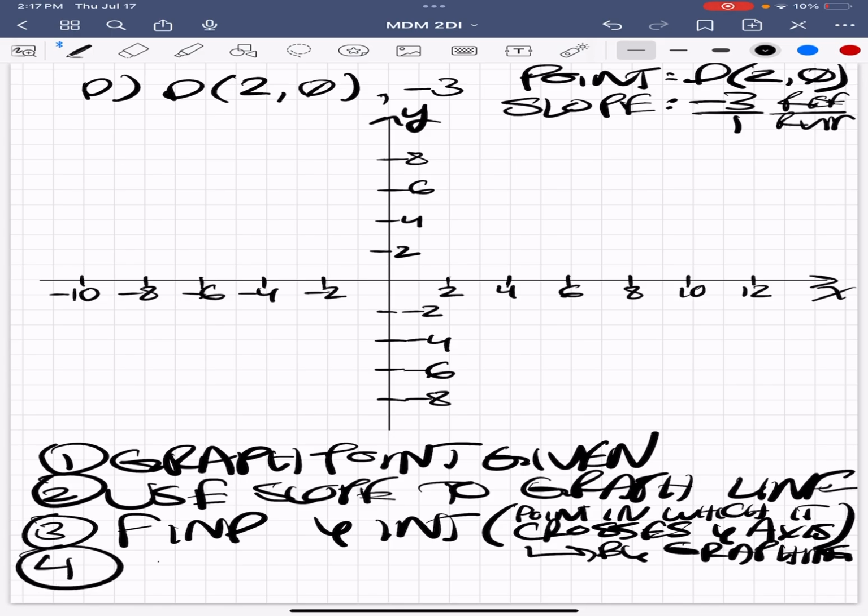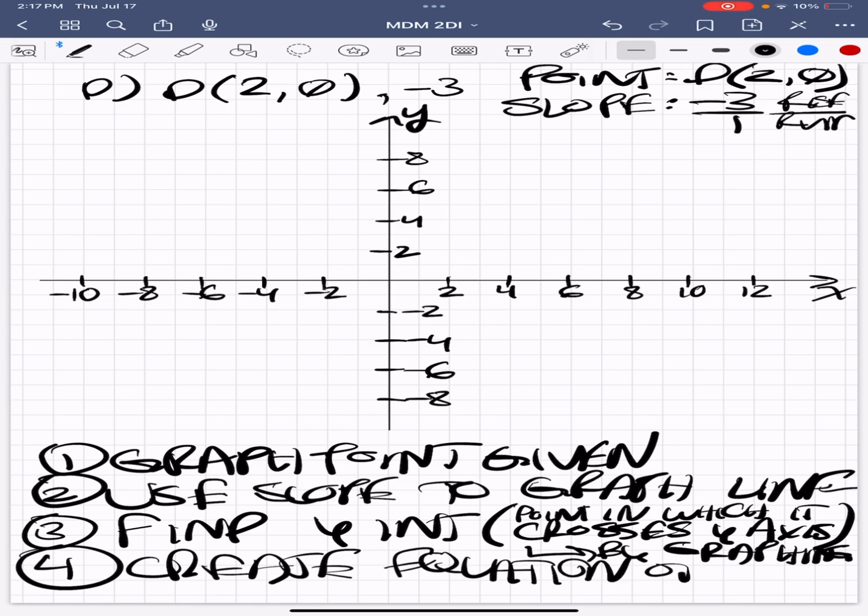And then we create the equation of the line. So those are our steps.